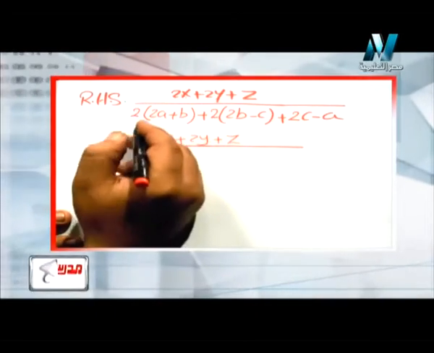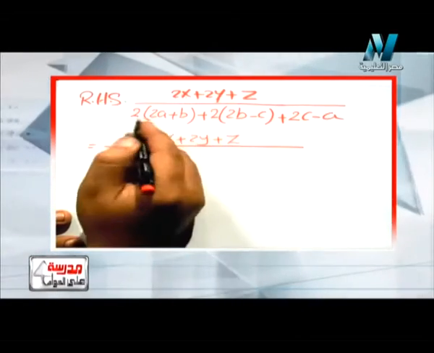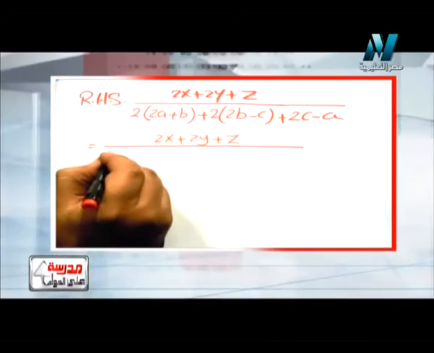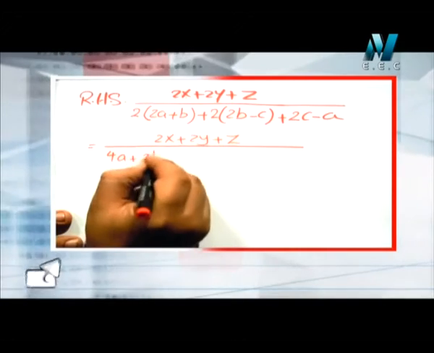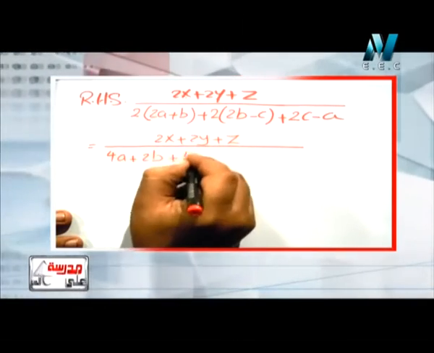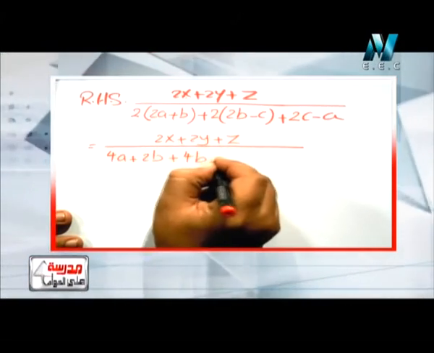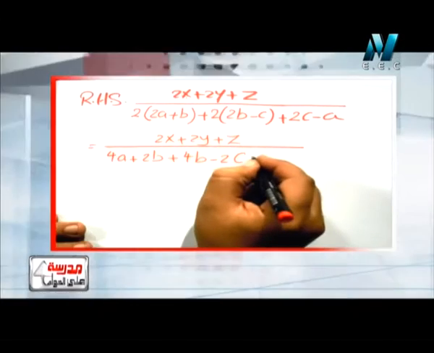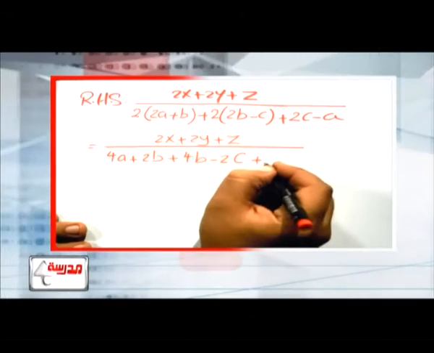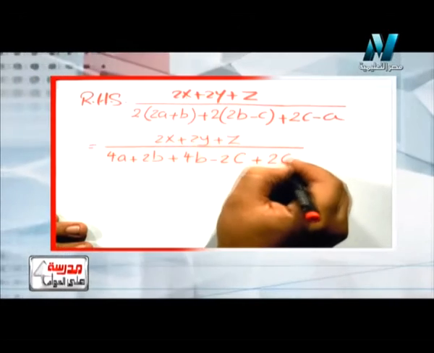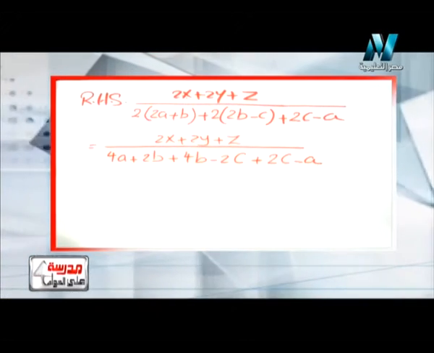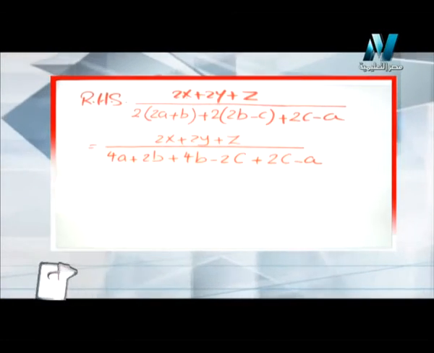And for the denominator, I'm going to use the distributive property to find the values of these. So this is 4a plus 2b. And this is 4b minus 2c. And this is plus 2c minus a. Now we have some like terms.